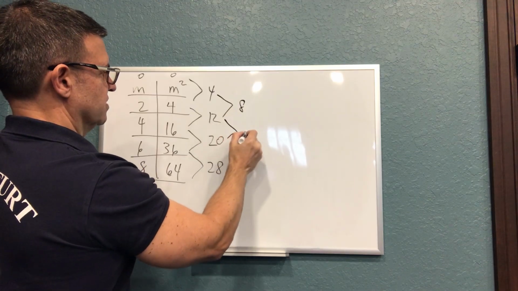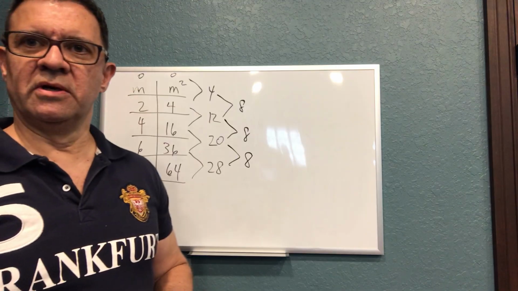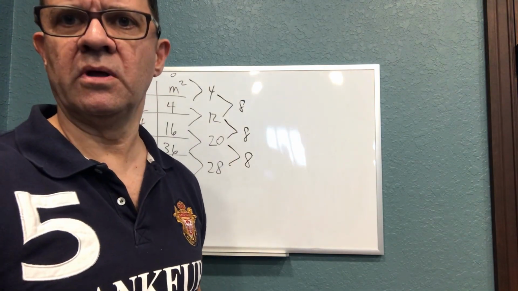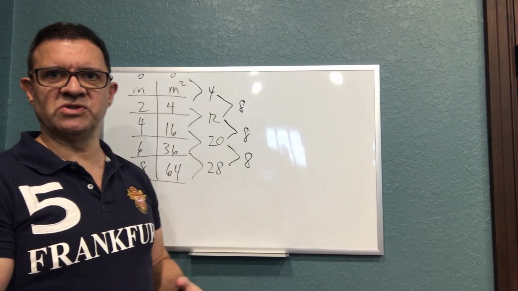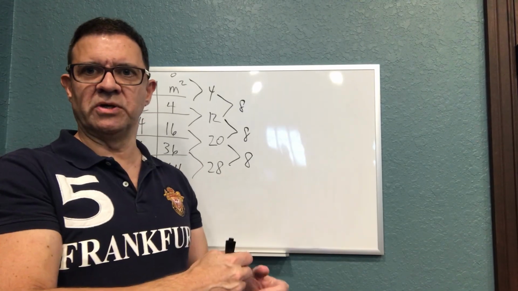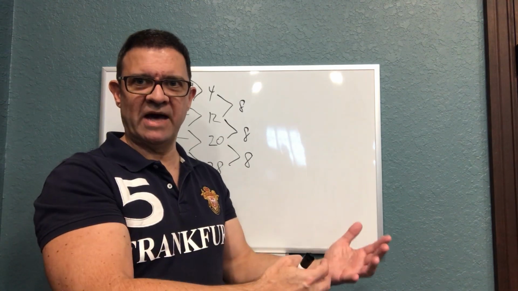The difference here is 8. The difference here is 8. So in other words, every single time we square an even number, the difference to the next iteration of the sequence is the same difference as before with an 8 added. And in the next iteration, it's again the same difference of the prior iteration with 8 added.